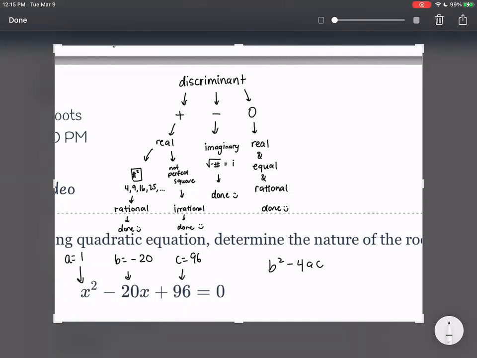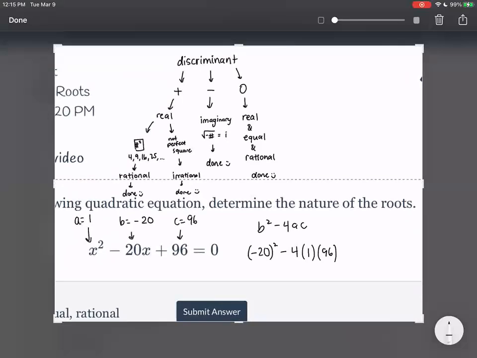Let's plug it in. Negative 20 squared minus 4 times a, which is positive 1, and c, which is positive 96. So just plugging it in. And then we get negative 20 squared, that's 400, minus, let's use a calculator, what's 4 times 1 times 96?